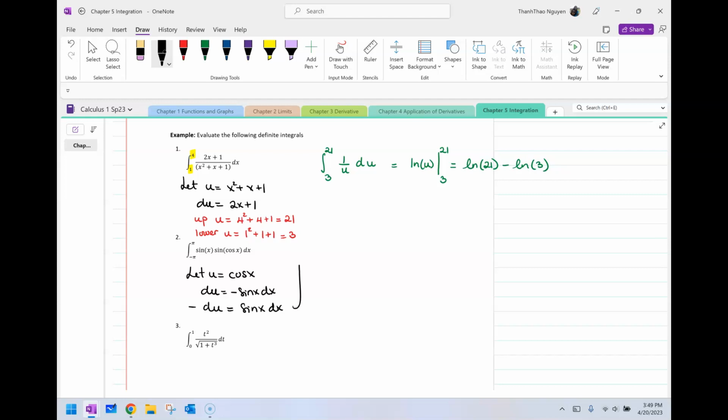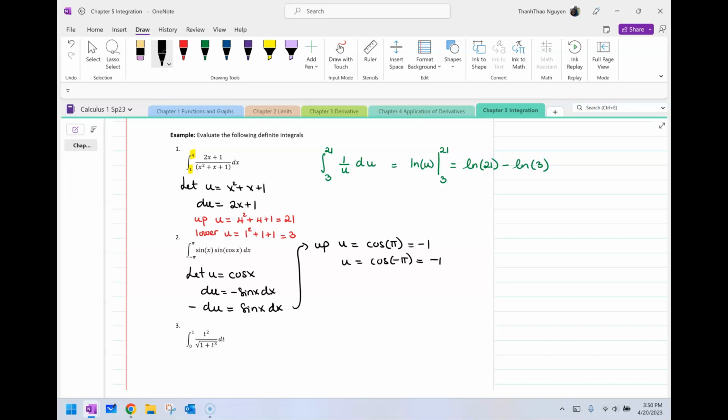Again, we need to change the upper and the lower limit. For the upper limit, u equals cosine of pi, which equals negative 1. The lower limit, u equals cosine of negative pi, which also equals negative 1.